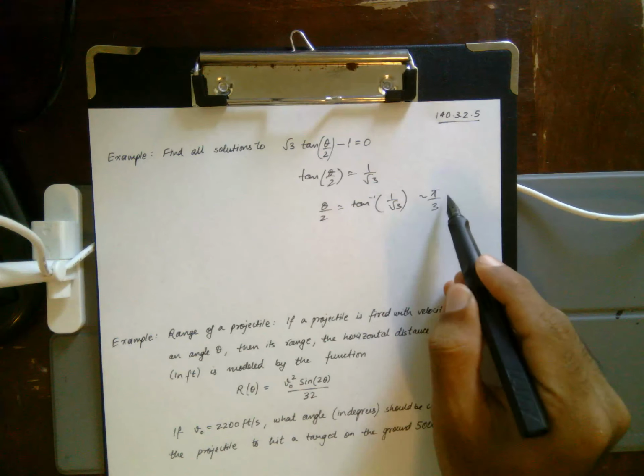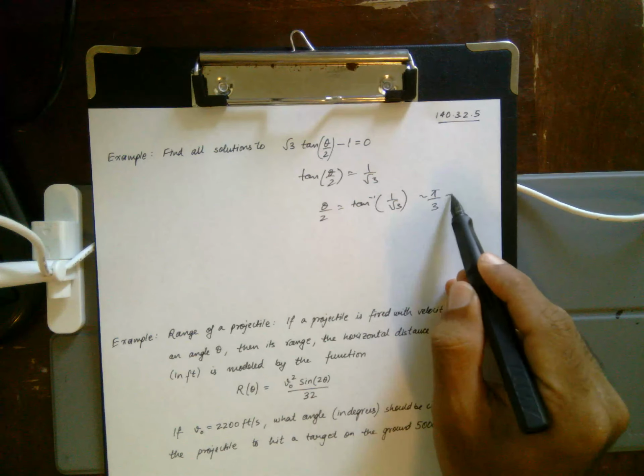So in general this would be plus k pi, so theta would be, one of them would be 2 pi over 3 plus 2k pi, and then the other tangent is here, so that would be pi plus pi over 3 is 4 pi over 3 times 2 gives you 8 pi over 3 plus 2k pi. So basically, even if you have half angles, double angles, and triple angles, you can just use the method to find the value for theta directly.